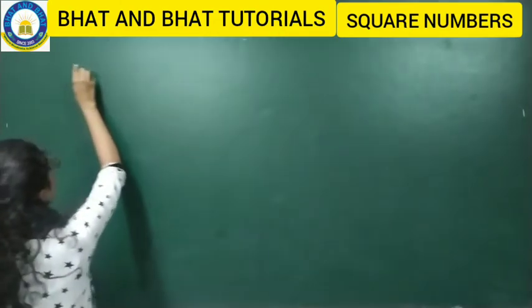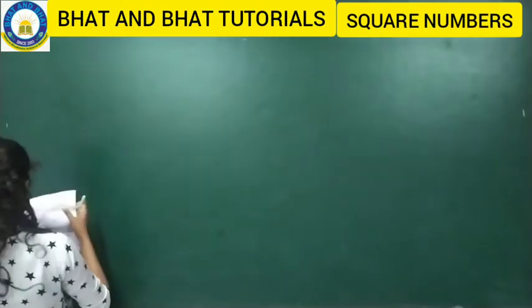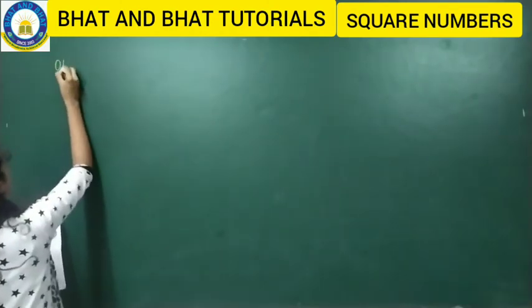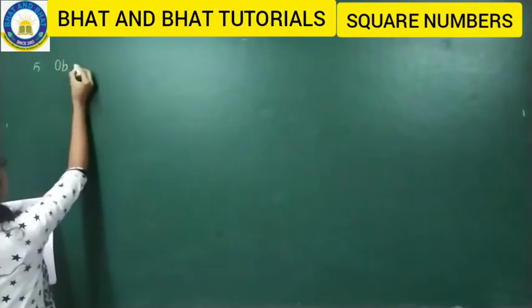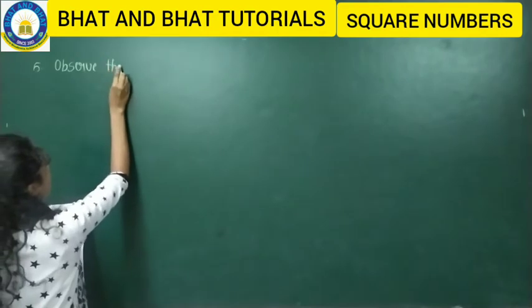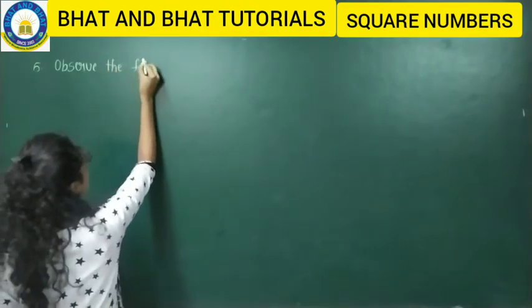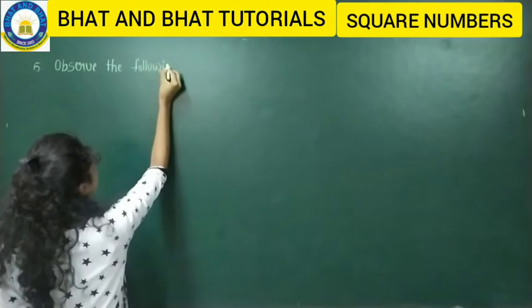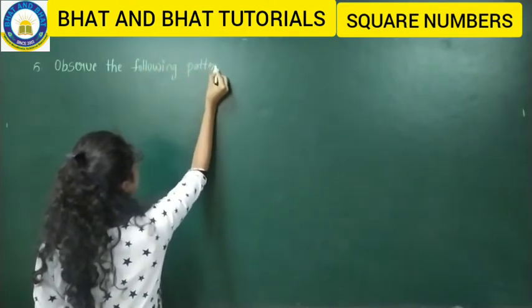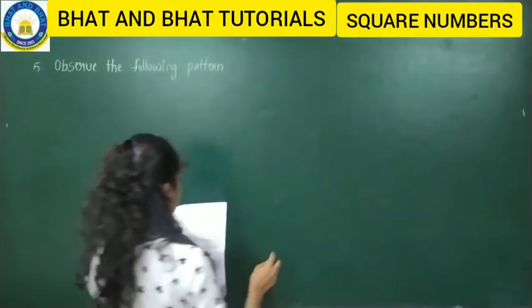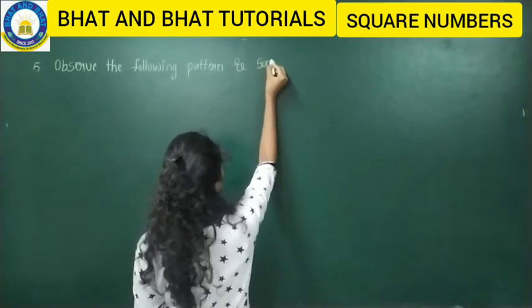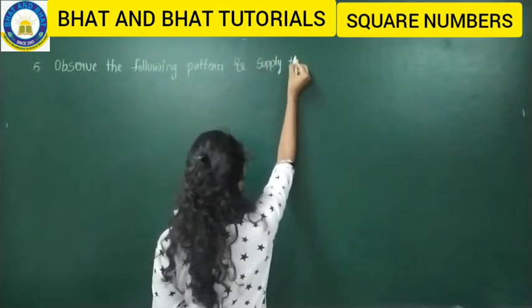So you can copy the questions now. The question is, observe the following pattern and supply the missing numbers.